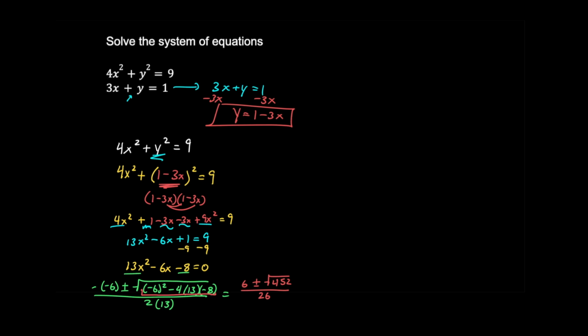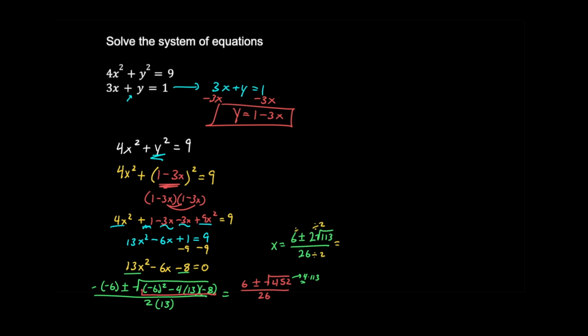Going through to continue, we have to try to break down this radical, which is really only 4 times 113. So overall, we'll have x simplifying to be 6 plus or minus square root of 4 is 2, square root of 113 over 26, which can be reduced by a factor of 2.